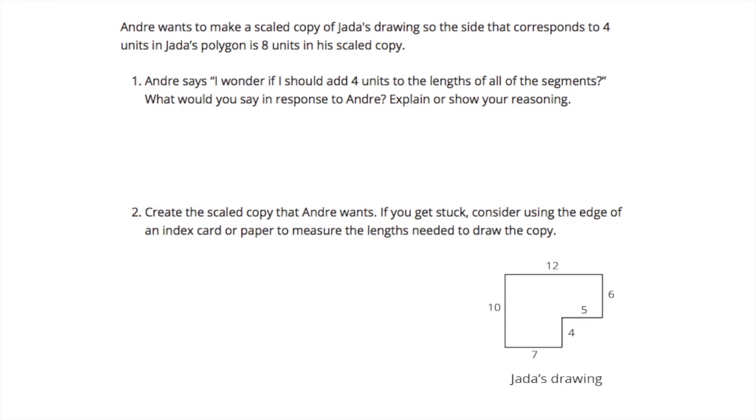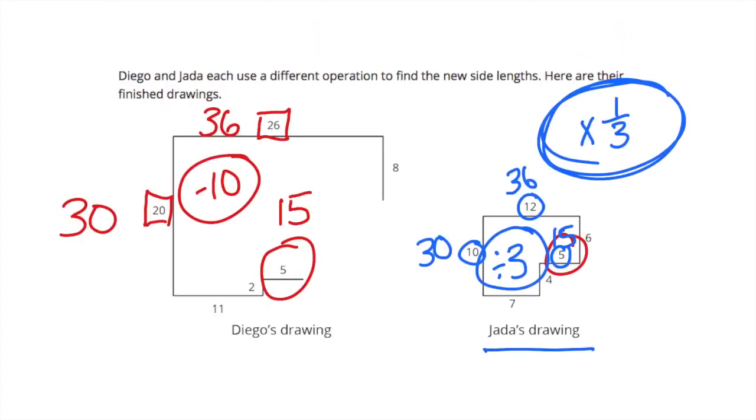I hope you're all thinking, no, absolutely not. The rule for scaled copies is to multiply. If 4 is added to each of the sides, we're going to get into the same problem that Diego had, where the figure doesn't look the same. There might be a gap, or some lines might start to overlap, and we're not going to have the same figure as the original. We always have to multiply.